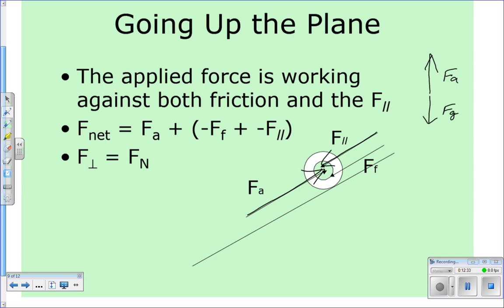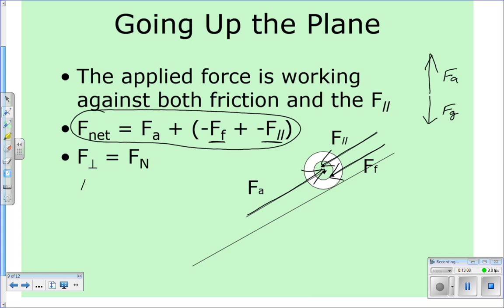Friction always opposes motion, so if you're pushing the object up the inclined plane, friction is also acting down the inclined plane. So, in that case, net force is equal to your applied force plus the sum of the friction force and the parallel component of the object's weight, which would both have to be considered negative in this case because they are working in the opposite direction of your applied force.